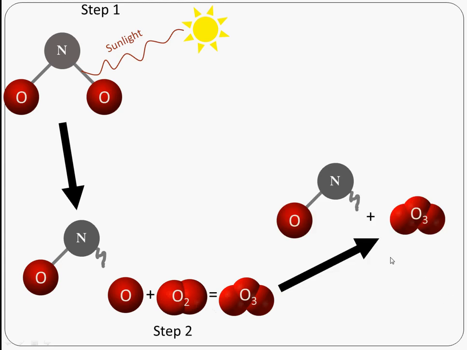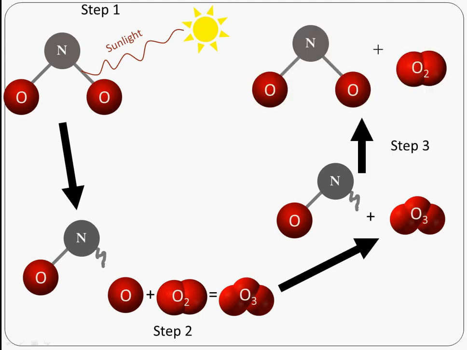And then this ozone plus a nitrogen oxide reforms nitrogen dioxide and a normal oxygen molecule. So you start off again where you started. And this sort of cycle could just continue.